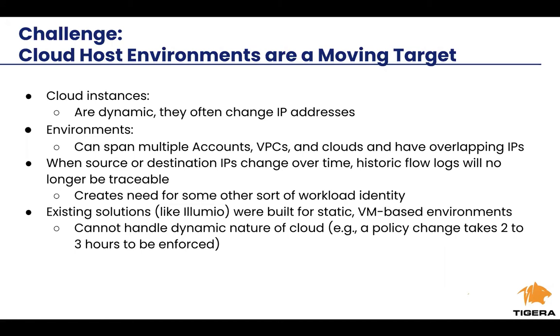To further complicate that, these environments can span multiple accounts, and multiple virtual private clouds inside of an account. Sometimes you'll find overlapping IP addresses. If an organization didn't plan out the IP address allocation across accounts or VPCs, you can find that things overlap.